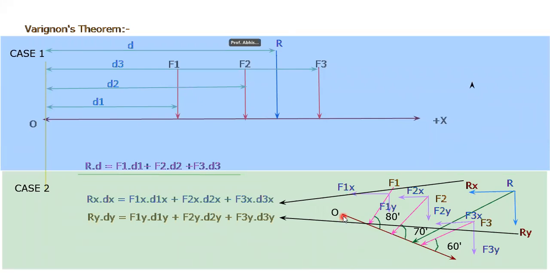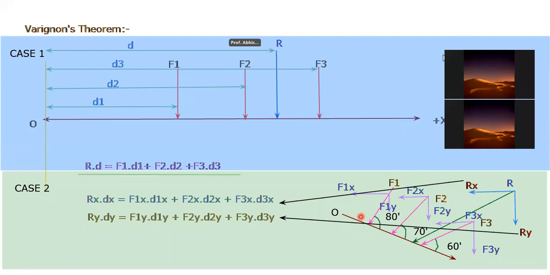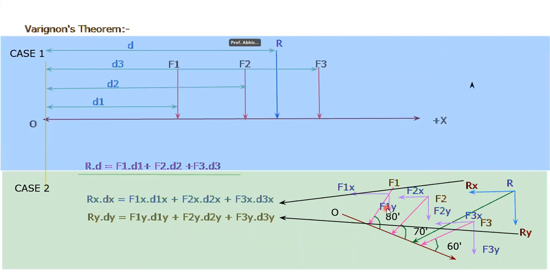Suppose that you want to calculate the moment from the point O. Then you will get the distance of f1x from this point O. That perpendicular distance will be your d1x. Now for f1y, the same distance you have to calculate from this point O. That distance will be your d1y.